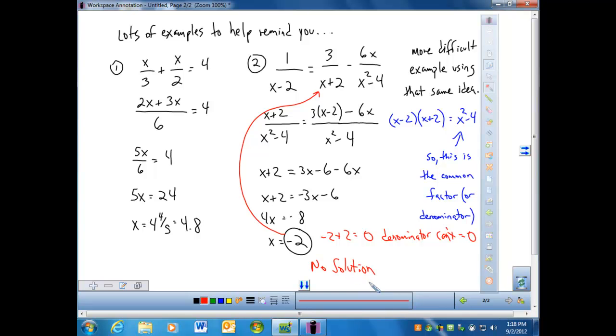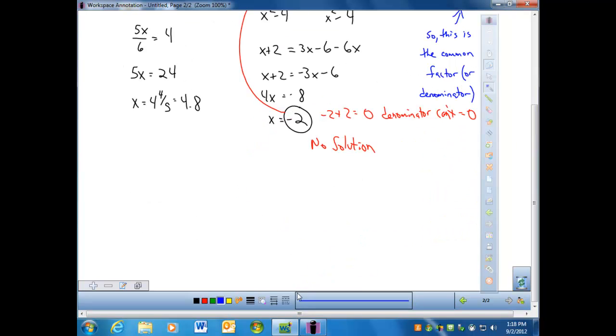We refer to x equals negative 2 as an extraneous solution. That means one that we're able to get algebraically, but does not actually make the original equation true. We'll see this quite a bit as we go through this year in calculus.